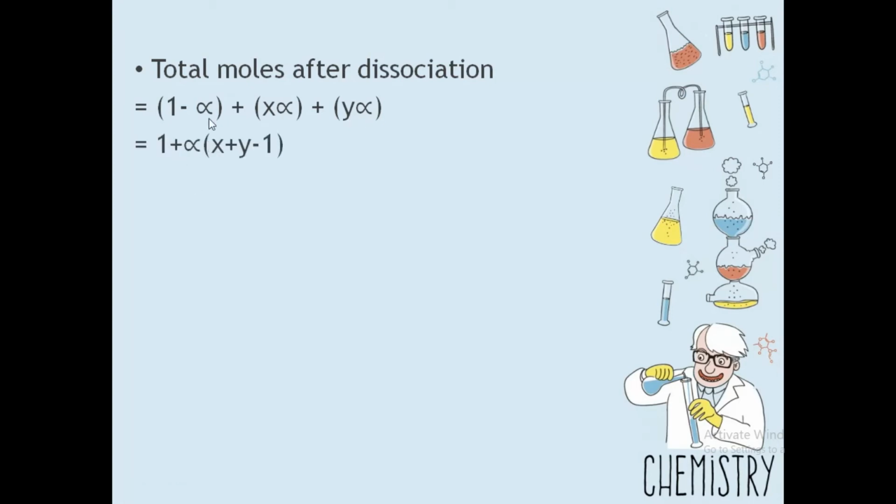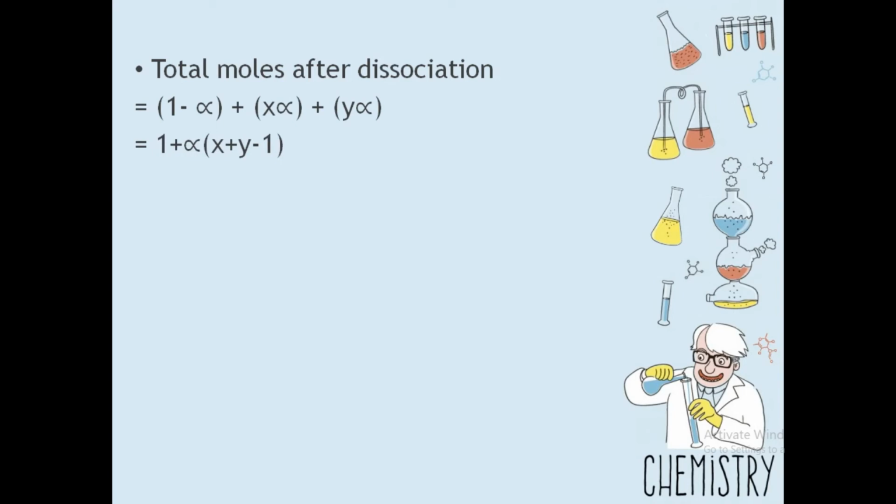So here alpha is common, so we'll take out alpha. Here x is remaining, here y is remaining, and if we take out alpha, here it is minus 1 and this 1 is here. So we will get 1 plus alpha in bracket x plus y minus 1.